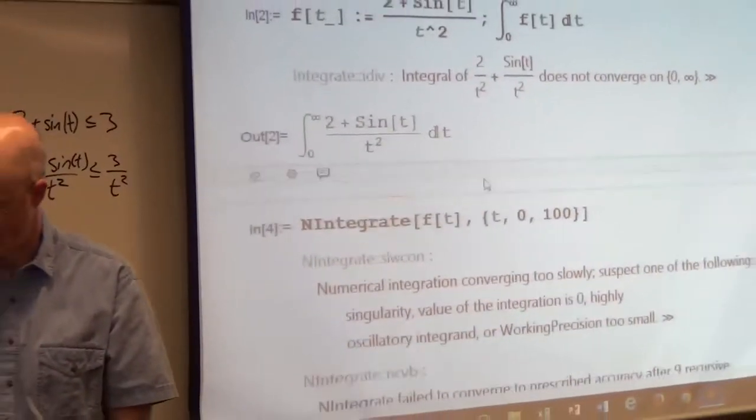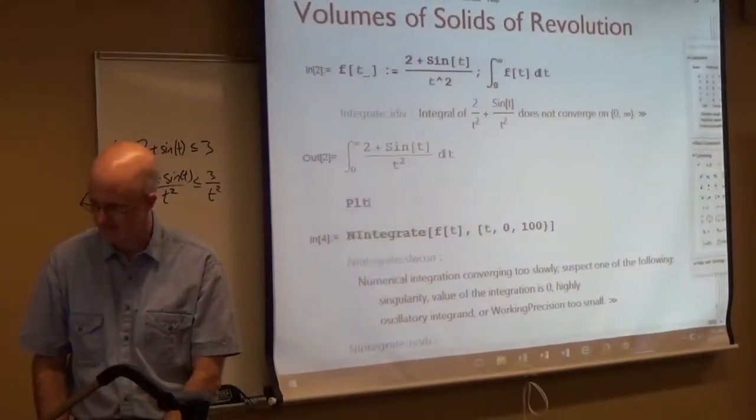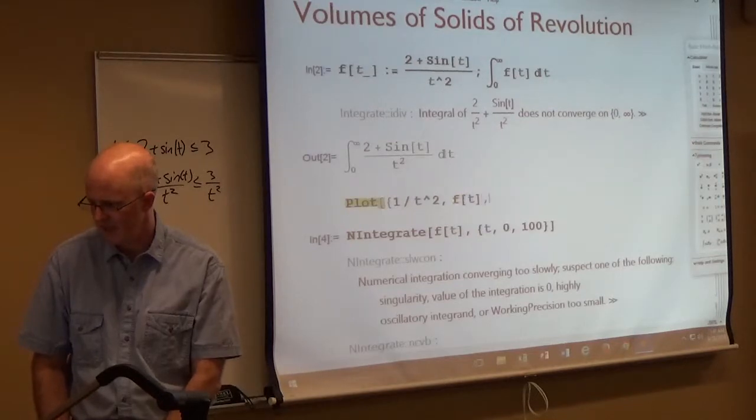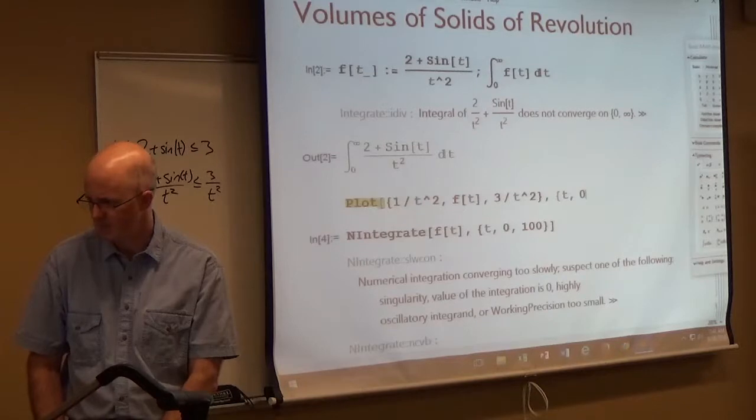Let's just make sure that the plot looks like it satisfies that condition that I wrote up there. I'm going to graph 1 over t squared, f of t, and 3 over t squared. Our graph should always be between them.